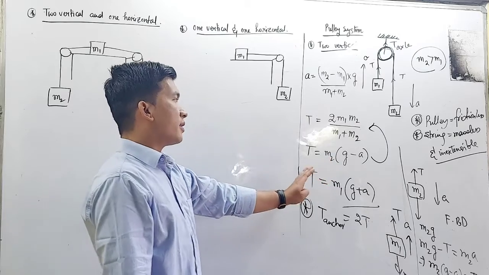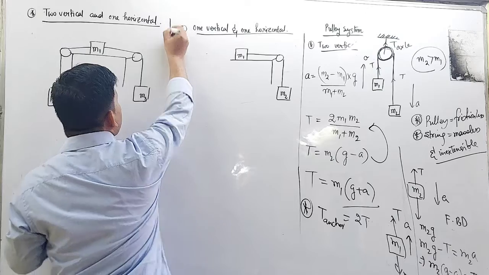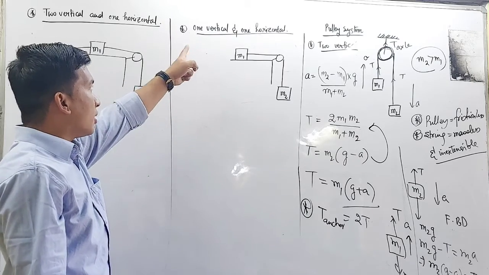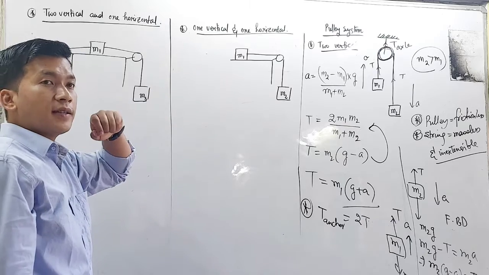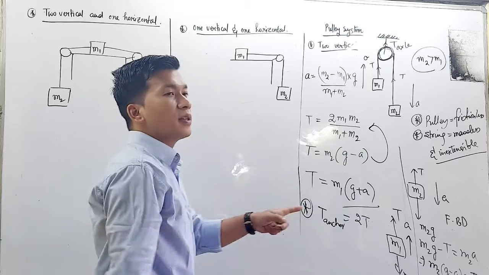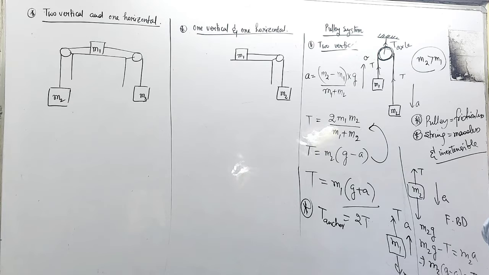Next, let us extend this concept over one vertical and one horizontal mass. This is very important, and provided that all this consideration is with respect to a smooth surface. If friction is considered, we will change the equation.